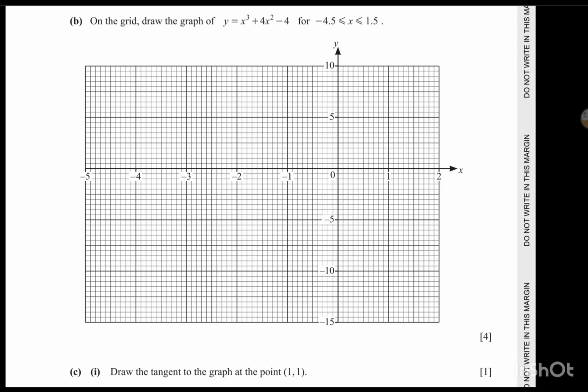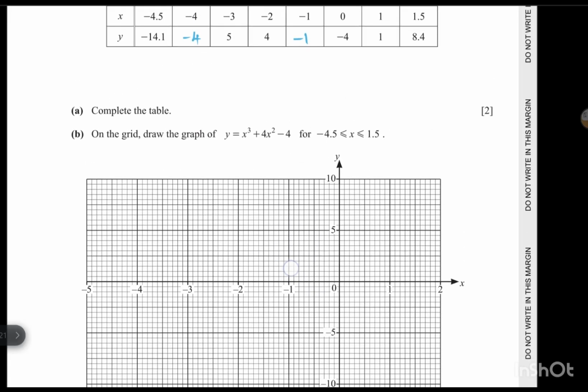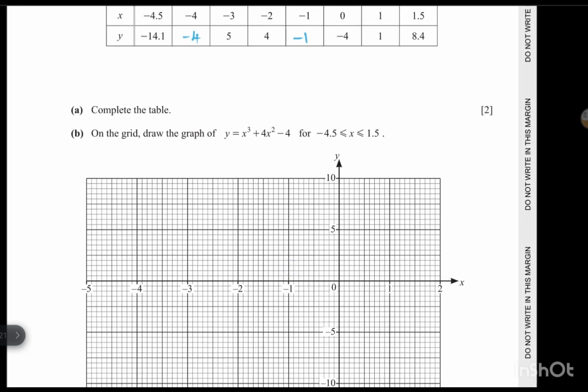So we need to complete this graph using the values there. So let us first take all the values here and mark them. Minus 4.5 is x, so minus 14.1 is y. So x-axis minus 4.5 is here. This is minus 4.5 of x.